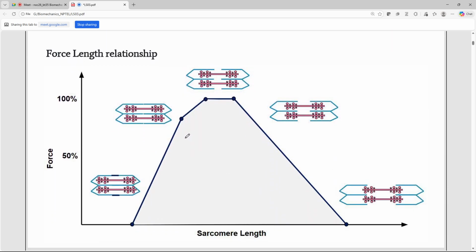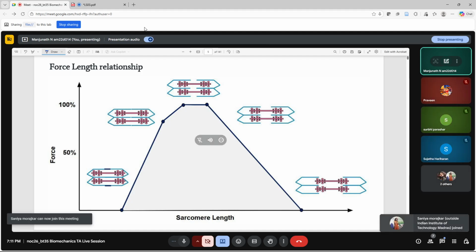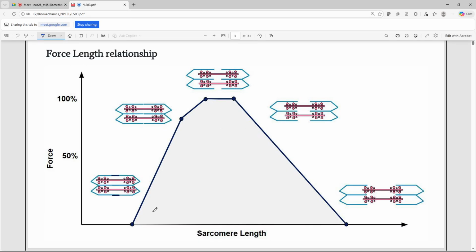Then this is the diagram for the force-length relationship. From here, you can see how much force there is at different lengths of the sarcomere.